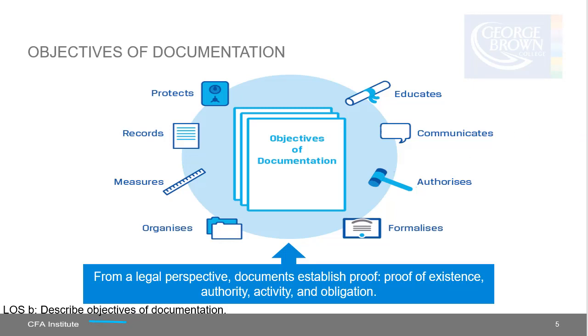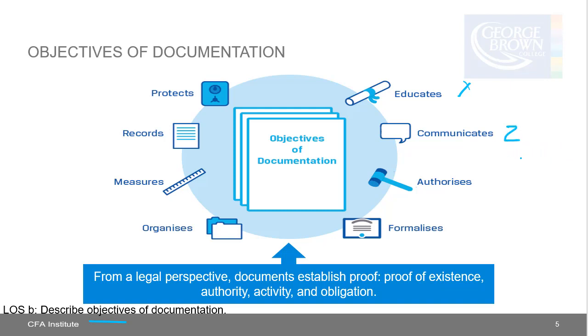When policies and procedures are undocumented, there is room for doubt, and poor quality documentation may be subject to interpretation or undue influence. Proper documentation removes ambiguity and is thus critical. In the context of the investment industry, documentation does the following. Number 1, it educates. It informs or provides instruction.